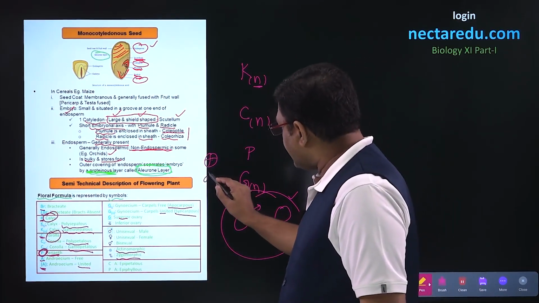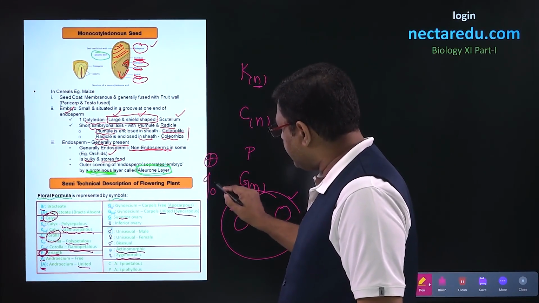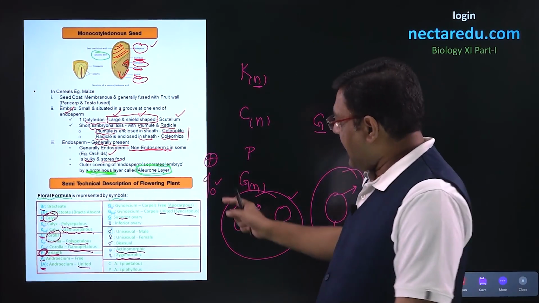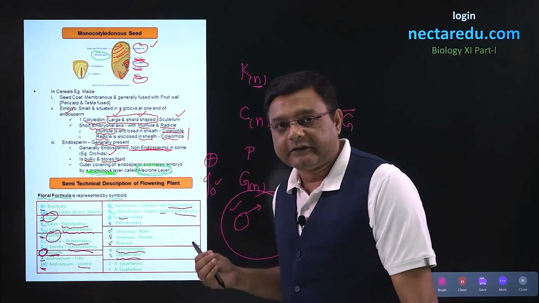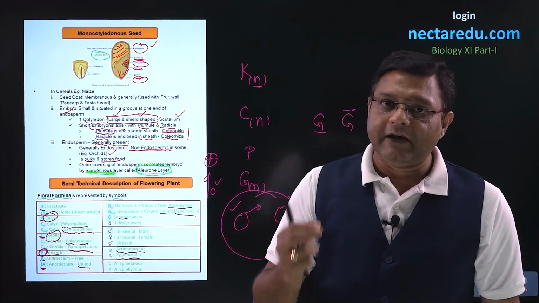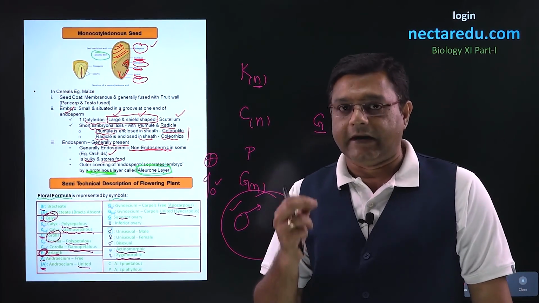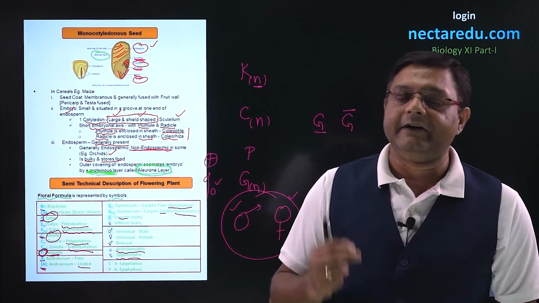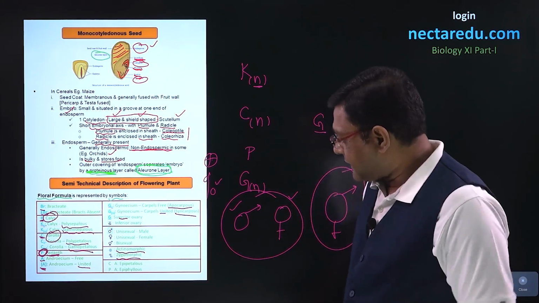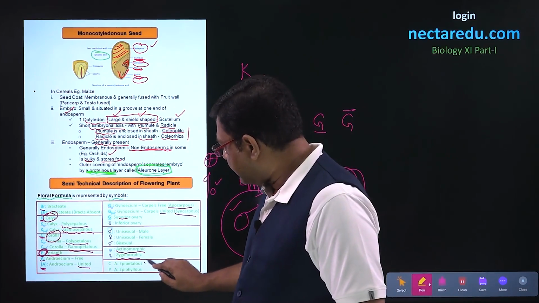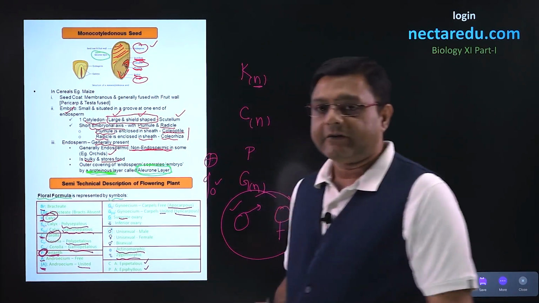In the case of zygomorphic condition, we represent it by this particular symbol, and zygomorphic was the case similar to bilateral symmetry, in which only one plane that passes through the center of the flower will divide it into 2 equal parts.